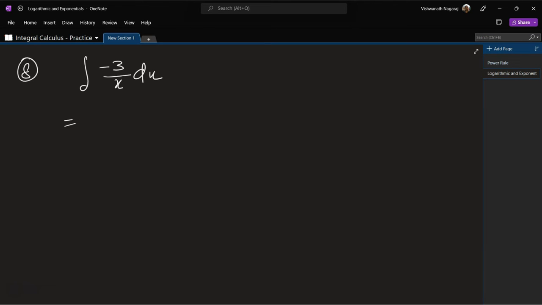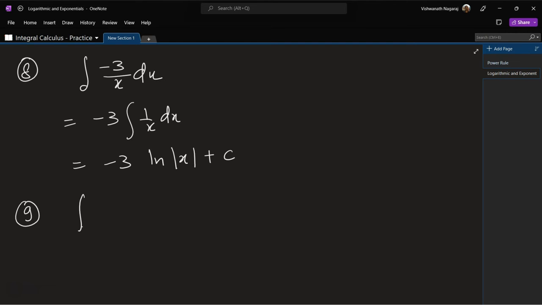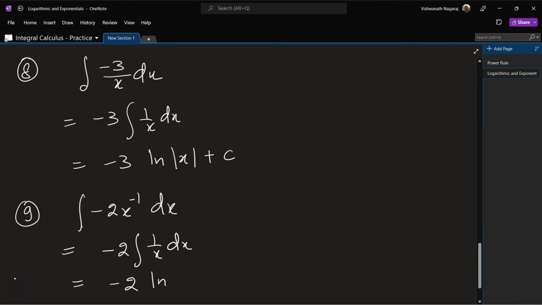So again, minus 3 integral of 1 by x dx, which is nothing but minus 3 natural log of absolute value of x plus c. Ninth one, integral of minus 2x to the power of minus 1 dx, which is equal to minus 2 times 1 by x dx, which gives us minus 2 natural log of absolute value of x plus c.